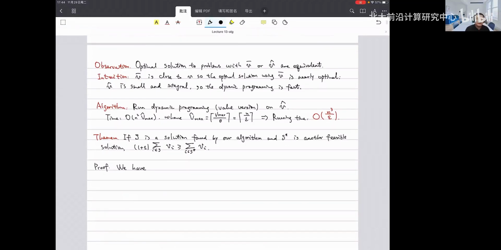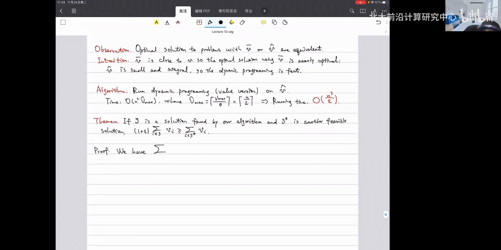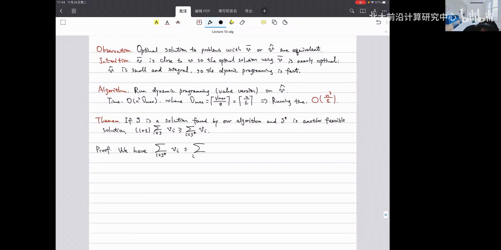In particular, the summation over i in S star of Vi is going to be smaller than the summation over i in S star of Vi bar.